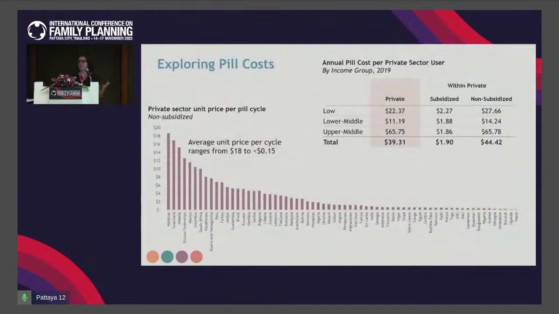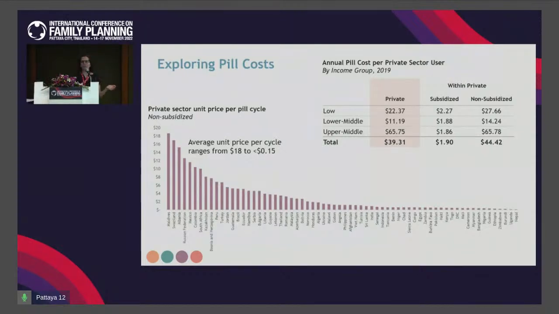So given how much pills play a role, I wanted to just spend a minute looking at pill prices. So the graph here shows the average unit price of non-subsidized private pills across countries. So this is for each country. If we had multiple data sources, this is the median price in that country. And you can see there is just quite a huge range. So at the top end, we're nearing $20, and at the bottom end, less than 20 cents.